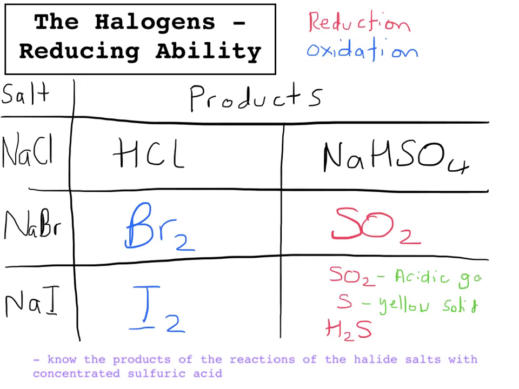They may describe that in that way. And H2S is also a gas. It's poisonous. So they could describe it in that way. So you need to know these products here, because the exam might require you to.